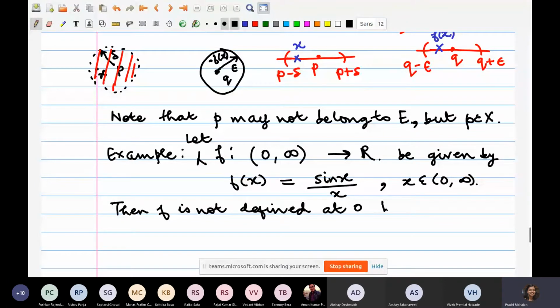So the limit of f as x tends to 0 exists and equals 1. Is that okay?